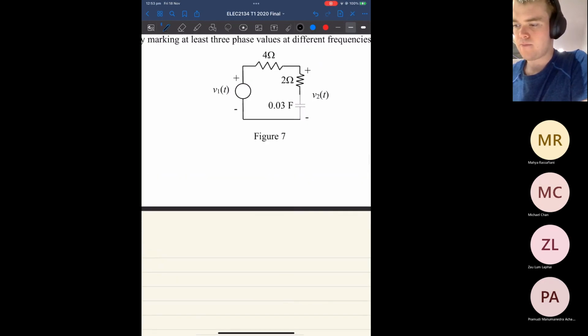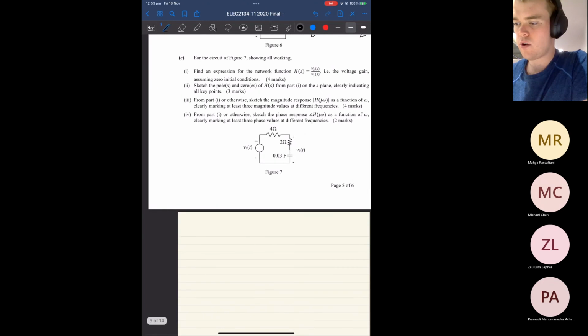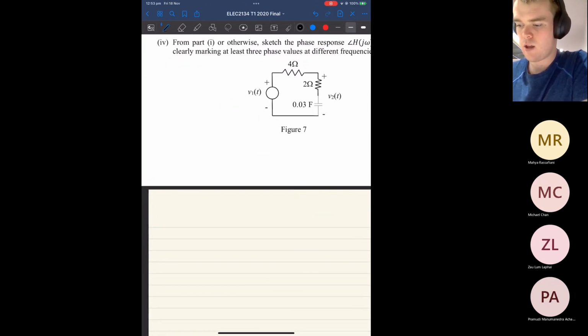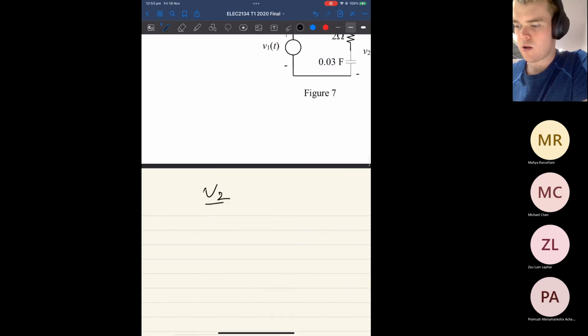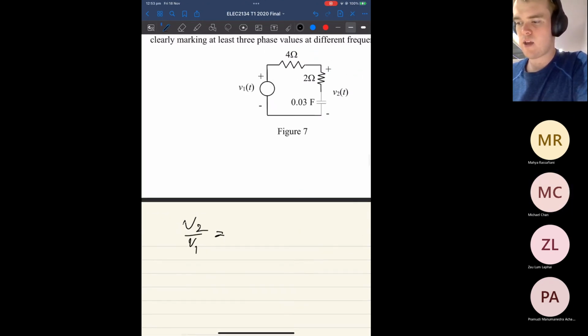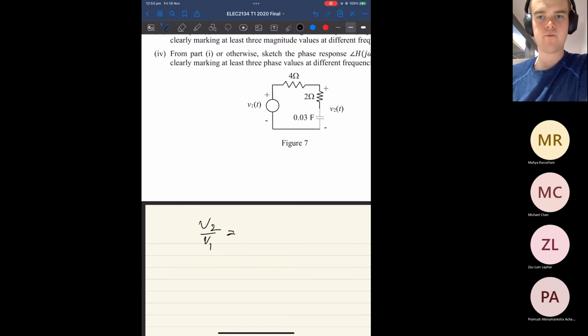So we're looking for V2 on V1, and it's just a voltage divider, right?